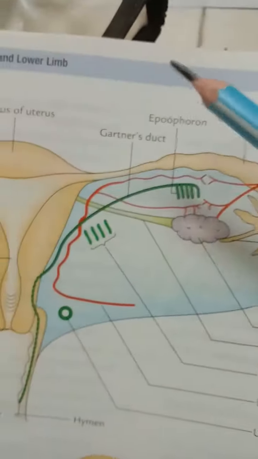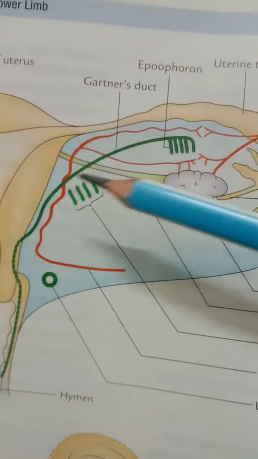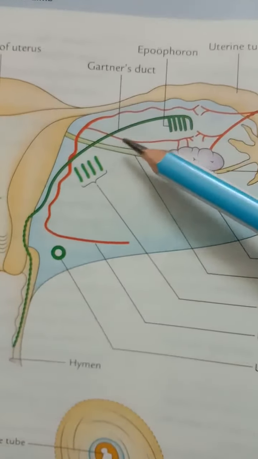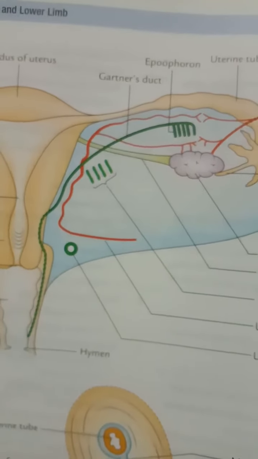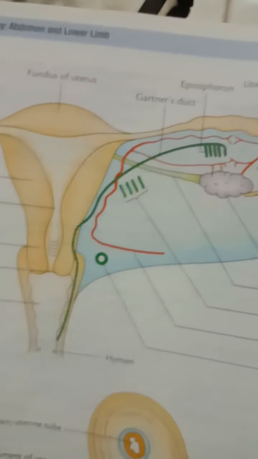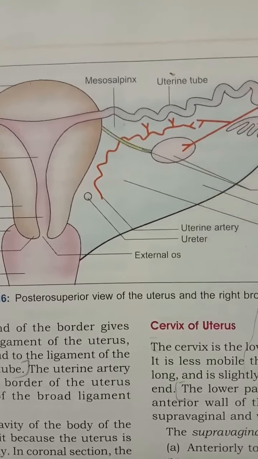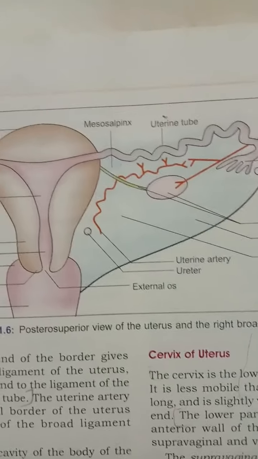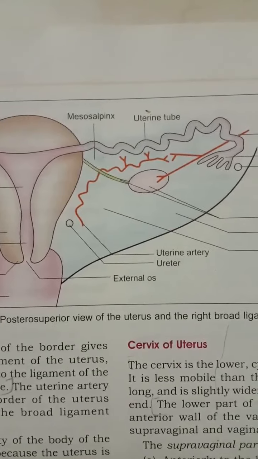In this diagram you can see the epiphoron, this is the paraphoron, and this one is Gartner's duct. Then other structures: the lymph vessels and lymph nodes, the fibroareolar tissue, and the uterovaginal and ovarian nerve plexuses.